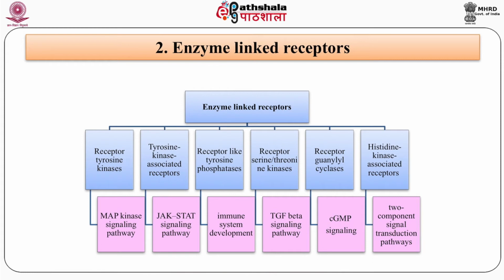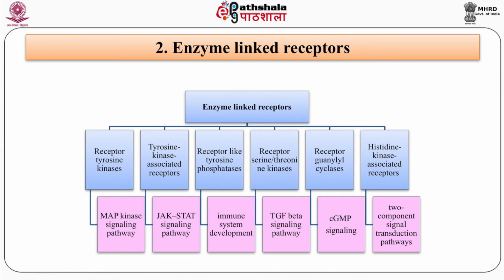Abnormalities in this class of receptors have a foremost role in survival disorders like cancer. There are different types of enzyme-linked receptors, which are linked to different signaling pathways. These are basically of 6 different types.